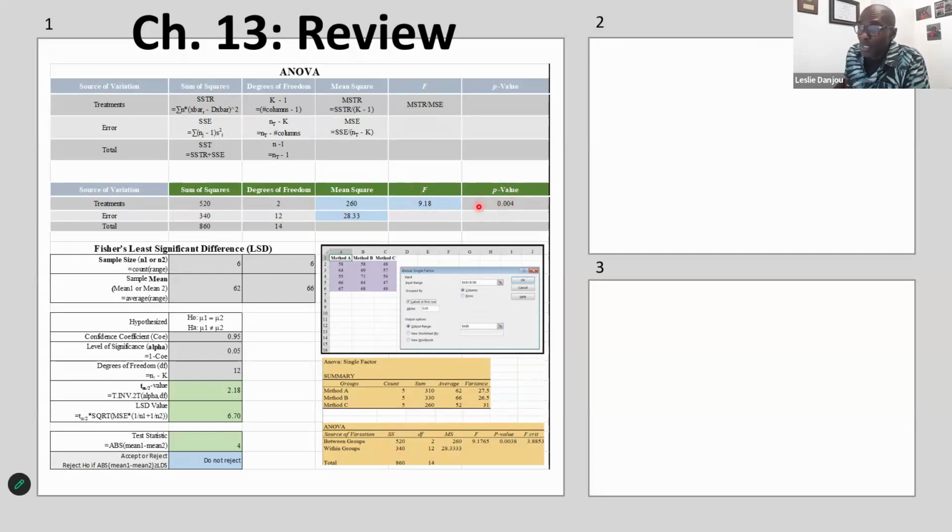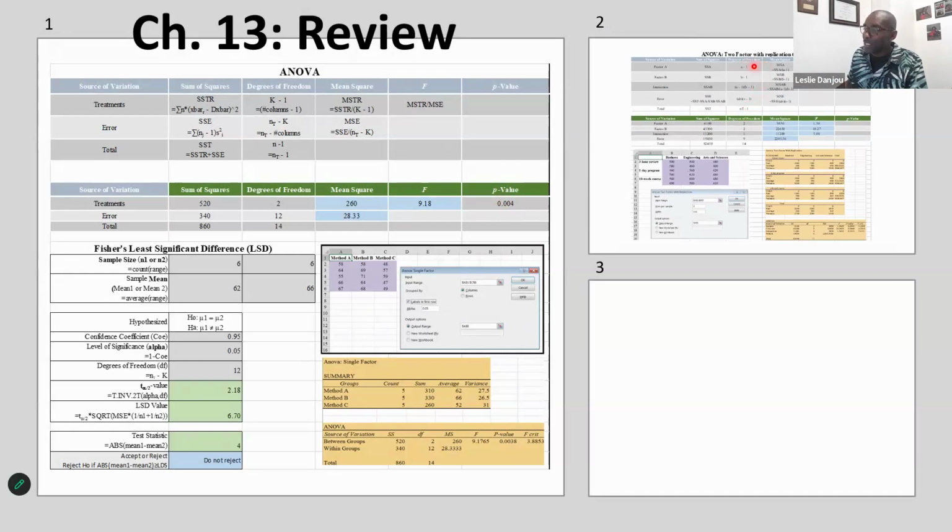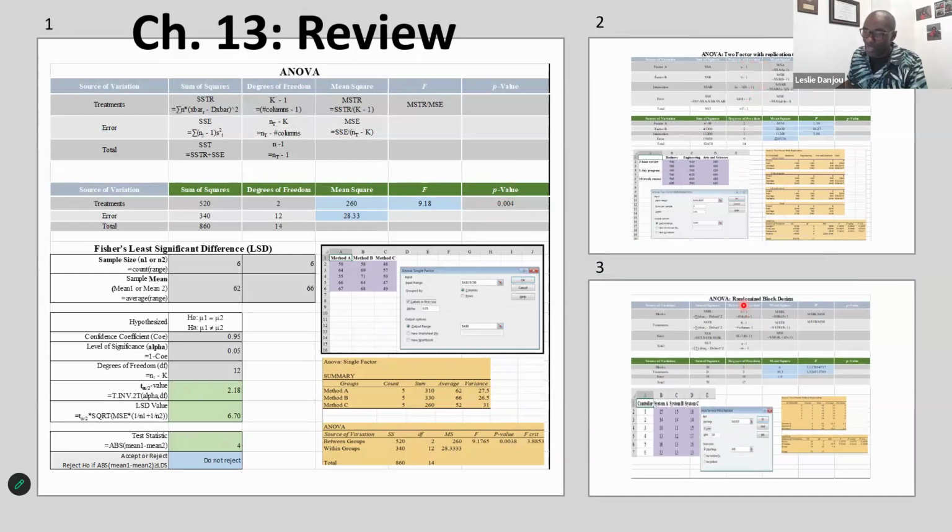Please be reminded that the p-value is the easiest way to do it. If your p-value is less than or equal to 0.05, then you know that this is going to say rejected. What that means is that your averages are not equal. We've shown you how to do it with replication and without replication.